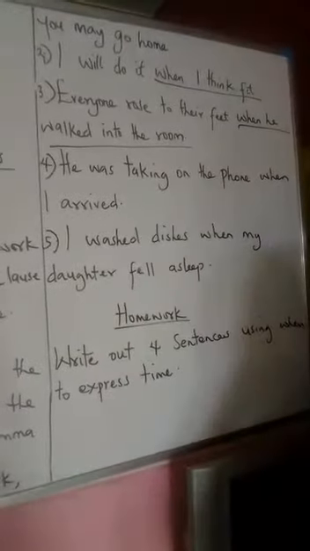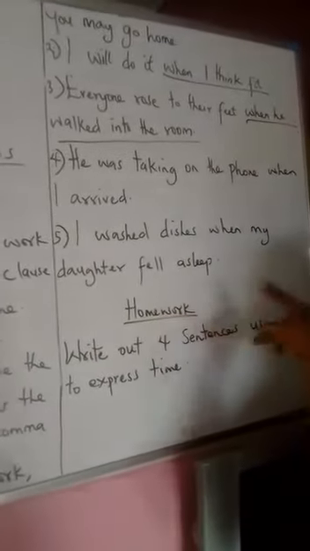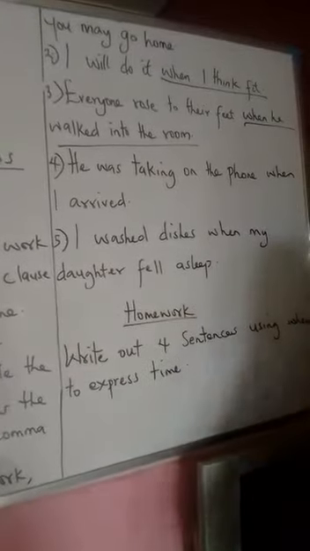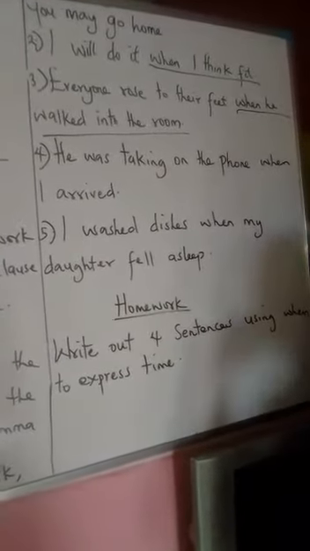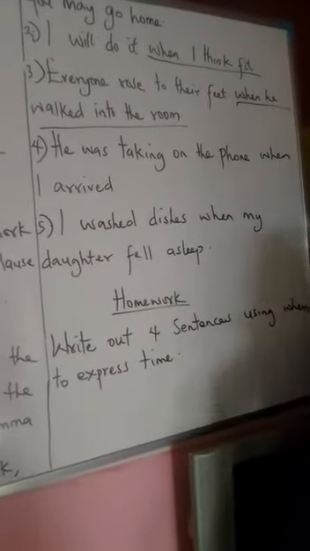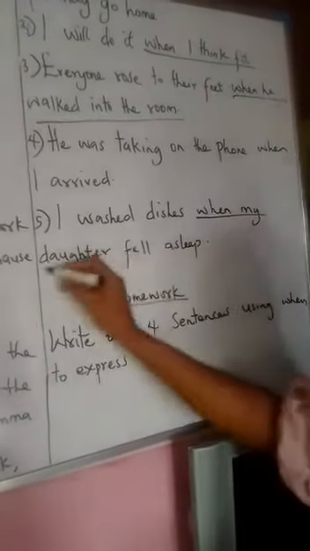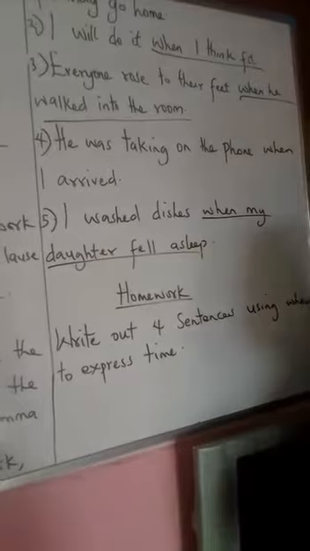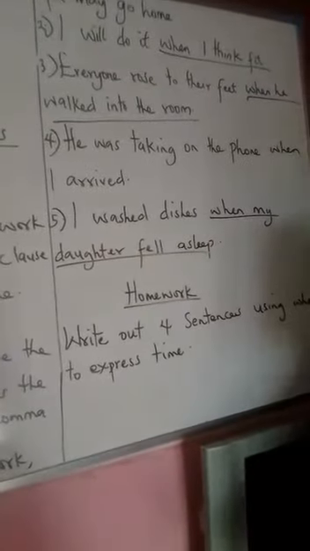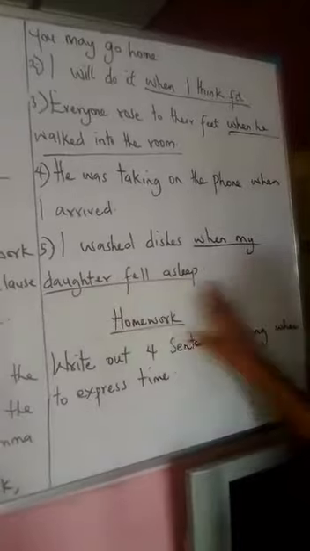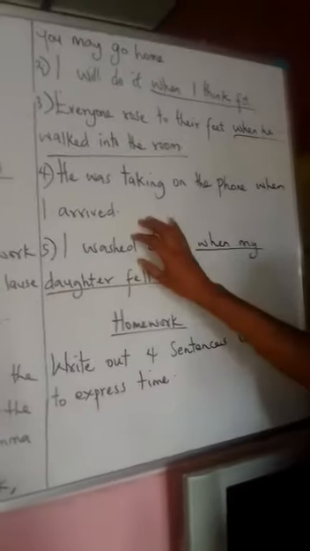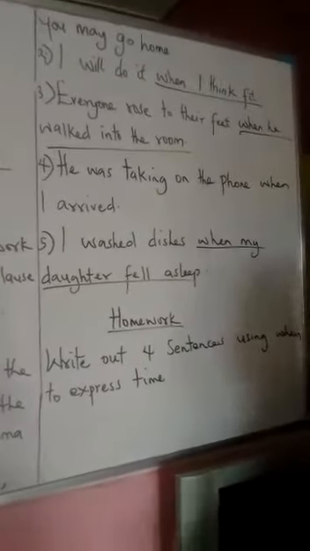Let's look at the next example. I washed dishes when my daughter fell asleep. You can see that this is also a dependent clause. I washed dishes is an independent clause that can stand on its own. When my daughter fell asleep depends on it.